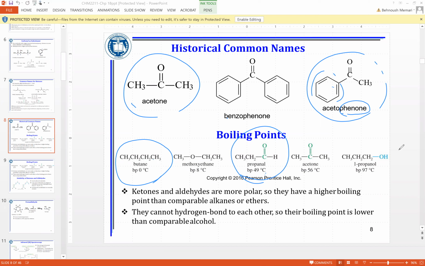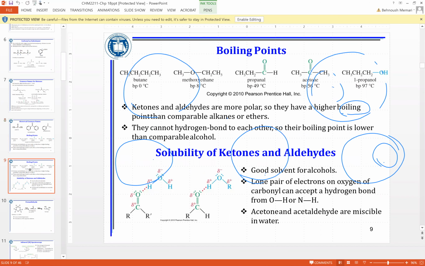So if you're comparing to alcohol with the same number of carbons or same mass, alcohols have a higher boiling point because the intermolecular force for alcohol is hydrogen bonding, and hydrogen bonding is a much stronger intermolecular force compared to dipole-dipole.